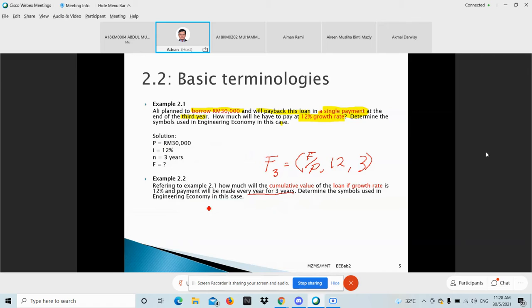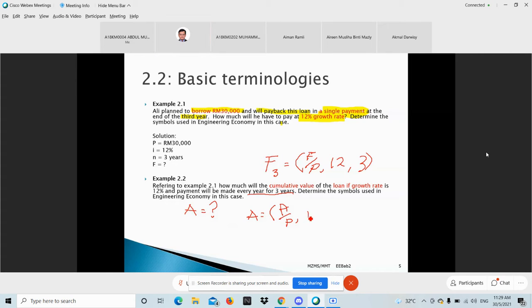So now there is installment, installment for 3 years. So now we are going to use A in this case. What is the A value for this? You want to know A, given the present value.